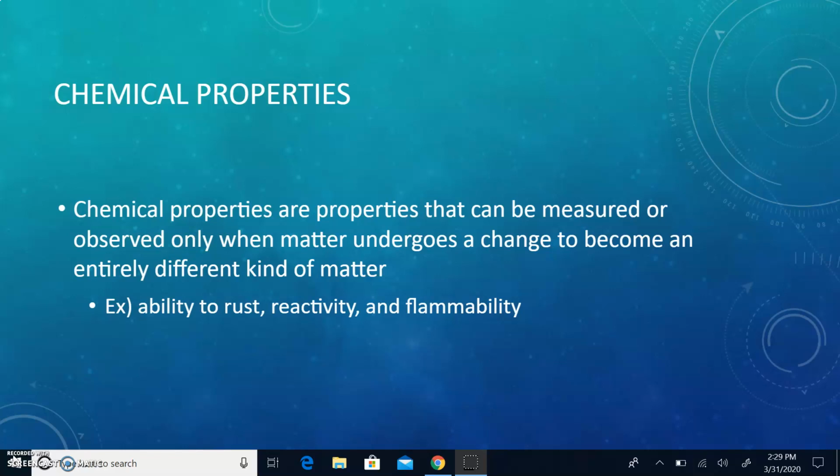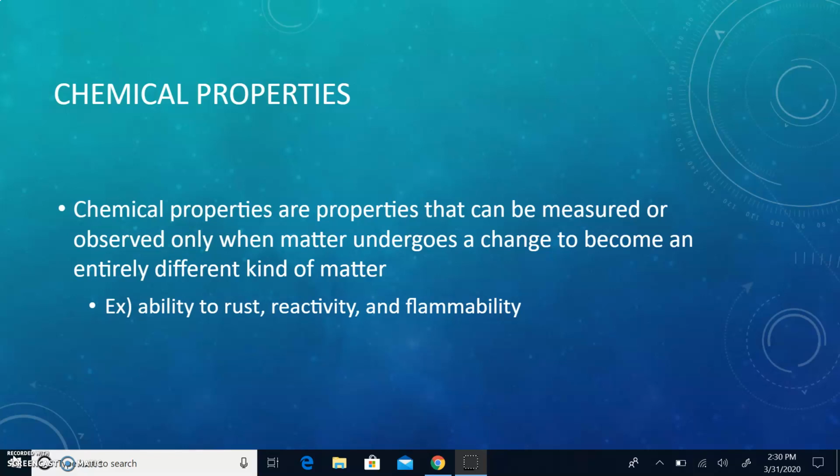In terms of reactivity, we don't know, for example, if we looked at a piece of zinc metal, it doesn't look reactive because when we touch it, it doesn't do anything. But when we place zinc metal in an acid, then we would be able to observe it being reactive by the gas bubbles that get produced when that zinc interacts with the hydrochloric acid.